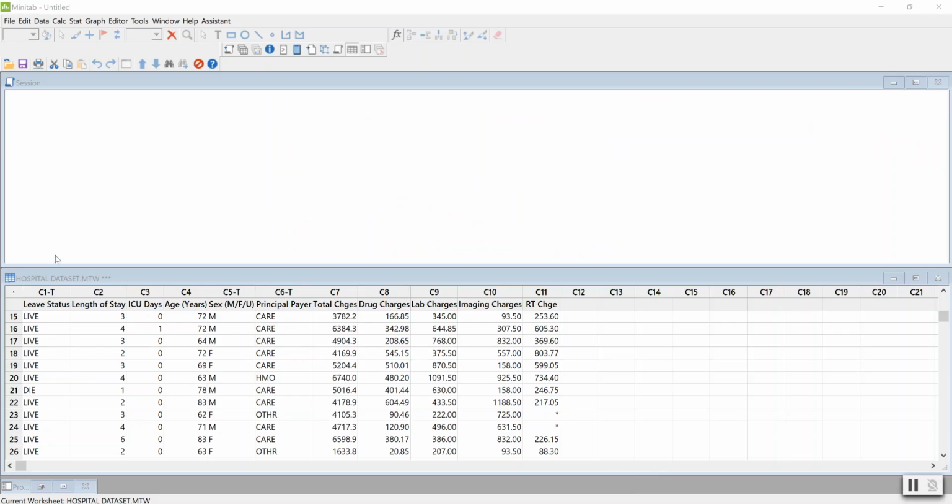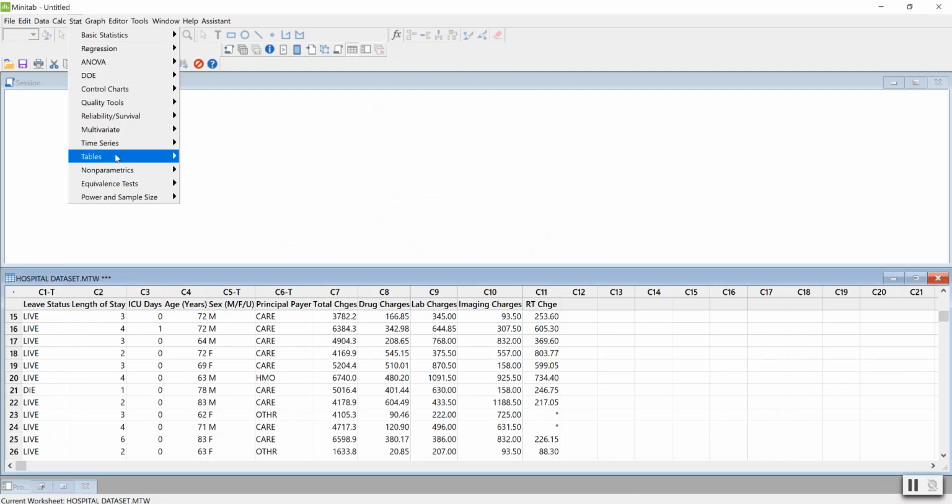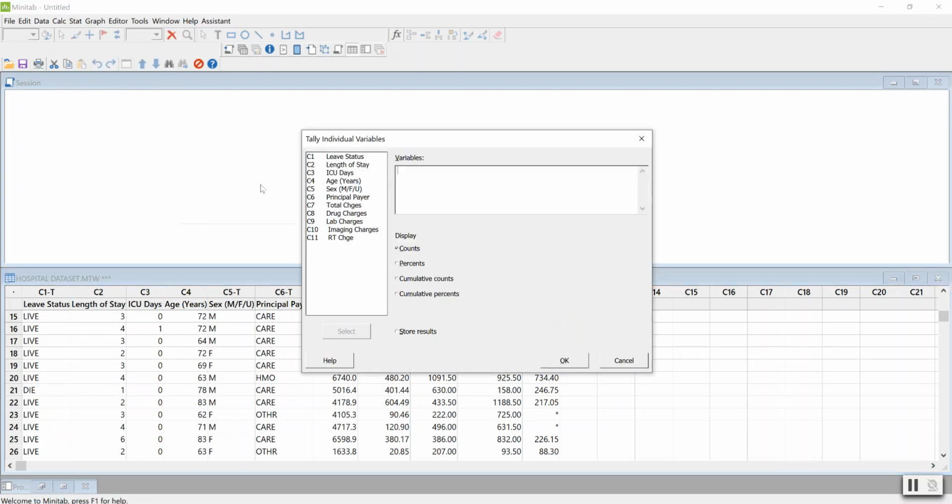So here I am in Minitab. I will go to Statistics and then click on Tables, tally individual variables, and I only want the categorical variables, which are leave status, and I want sex, and I also want the principal payer. What type of principal payer does the person have? So if I like, I can generate counts and percents if I like, or just the counts for simplicity.